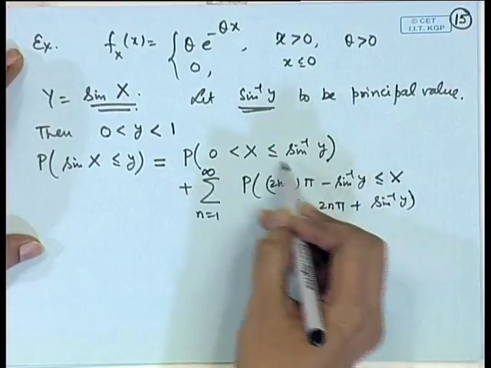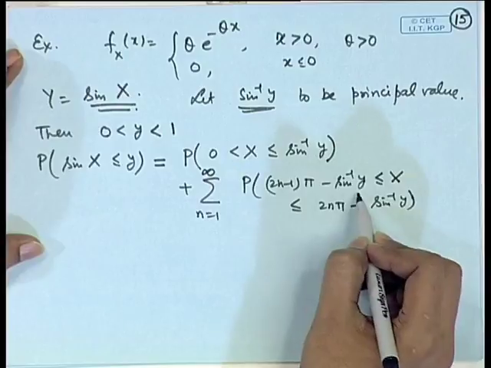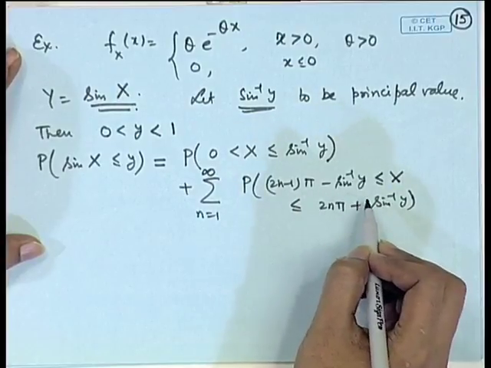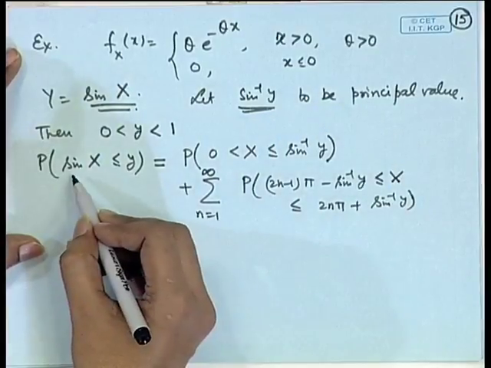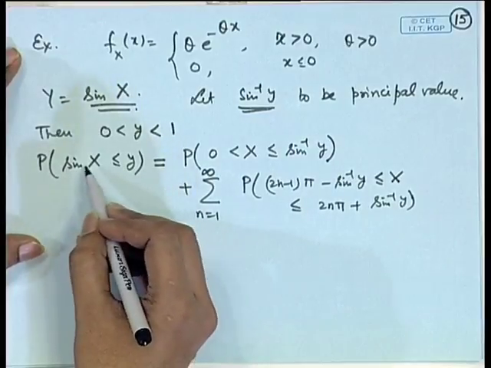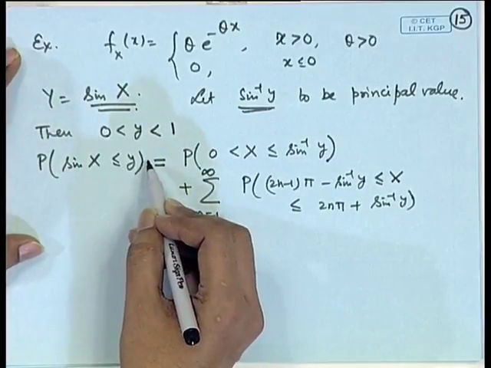So, this takes care of all the infinite number of distinct regions, each of which map to the region sin x less than or equal to y.